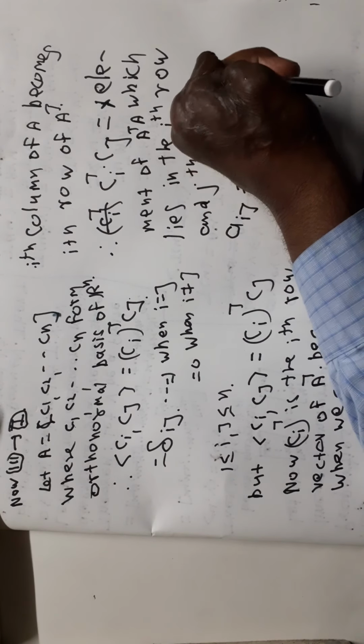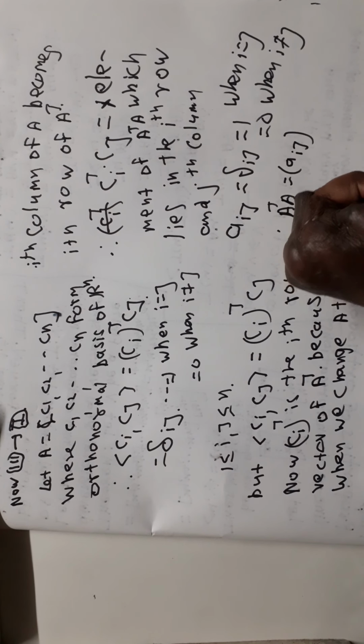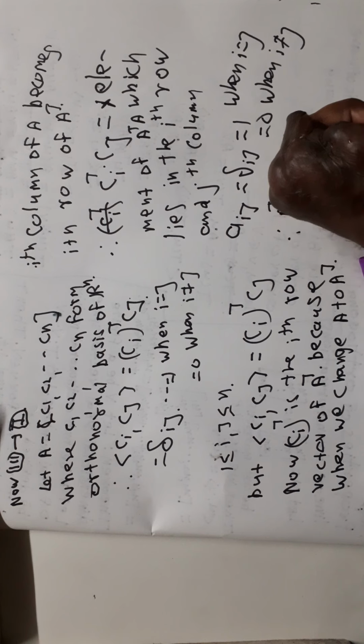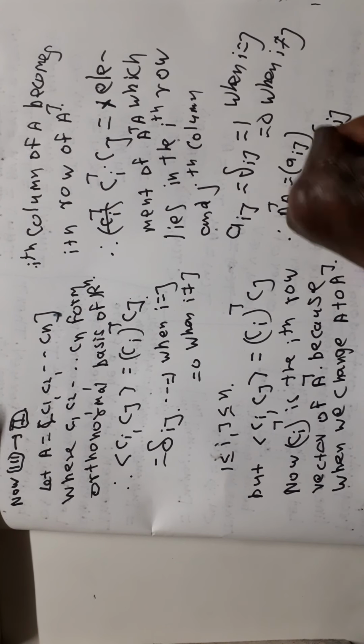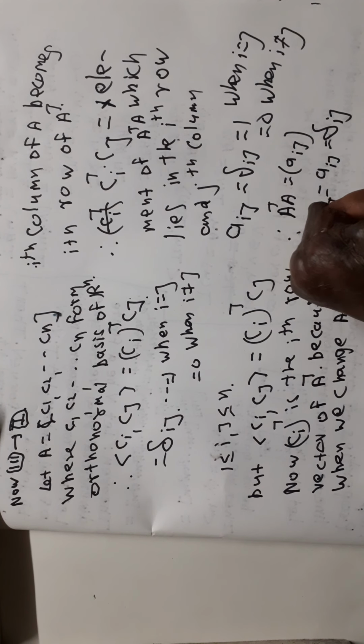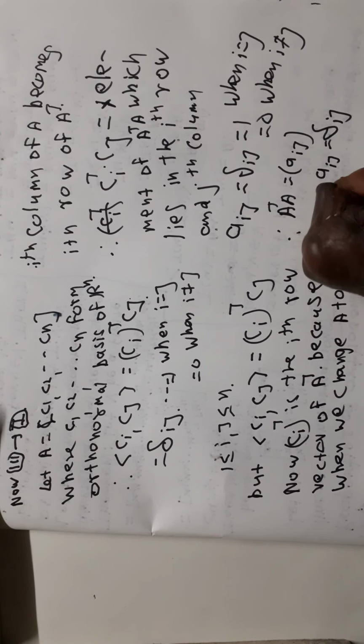Therefore A transpose A is equal to aij, where aij is equal to delta ij. Therefore A transpose A is equal to the identity matrix.